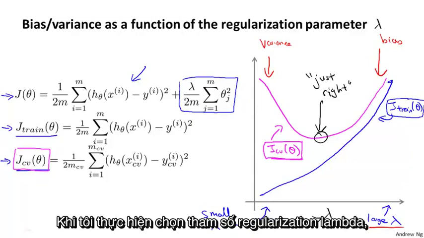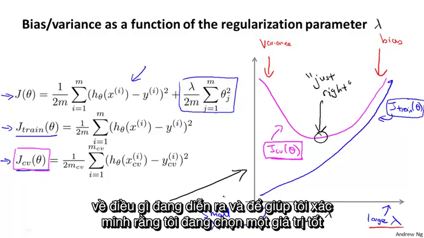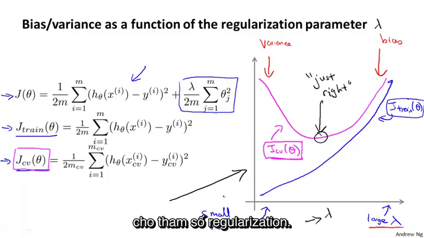When I'm trying to pick the regularization parameter lambda for a learning algorithm, often I find that plotting a figure like this one helps me understand better what's going on and helps me verify that I am indeed picking a good value for the regularization parameter lambda.